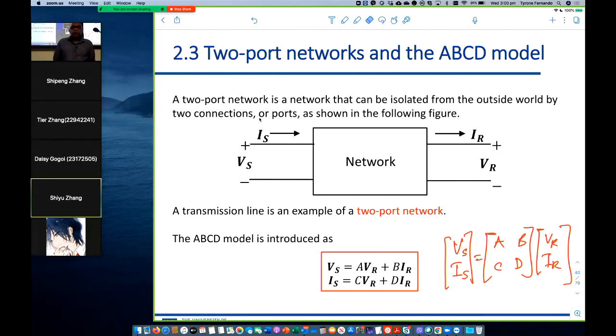Those models are expressed in terms of a two-port network, right?